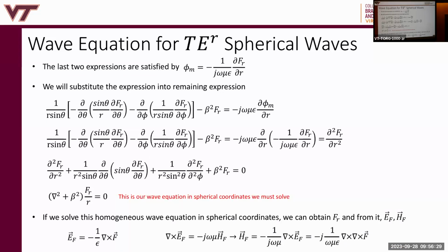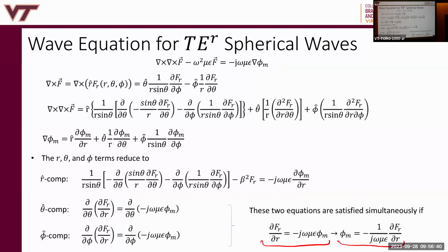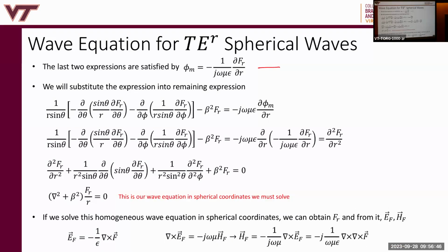Great. So the last two expressions, I'm repeating the result from the last slide here. We will substitute this expression into the remaining expressions, right? Over here, we had partial phi, partial R. We had phi on the right-hand side of each of these, and we've now substituted them in. Oh, no, sorry, the first differential equation.